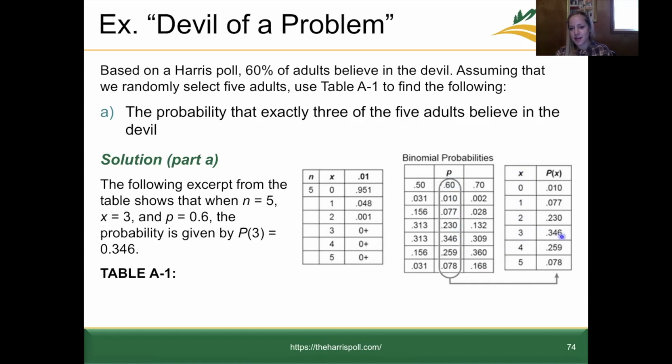Then our p of x value is 0.346. In the display in your notes, which hopefully you're looking at right now, it's a little bit more clear. So p values of 0.5, 0.6, 0.7, and it goes on through a p-value of 0.99. Given that this is our p-value, then the next row down is x is equal to 0, x equal to 1, x equal to 2, and x equal to 3. So it actually is a pretty user-friendly way of figuring out the probability value.